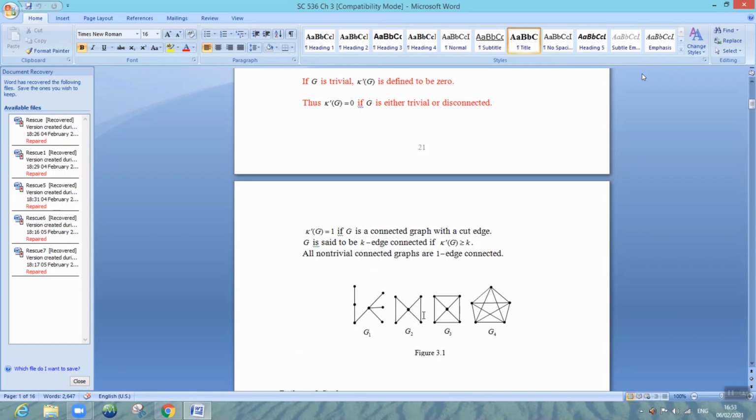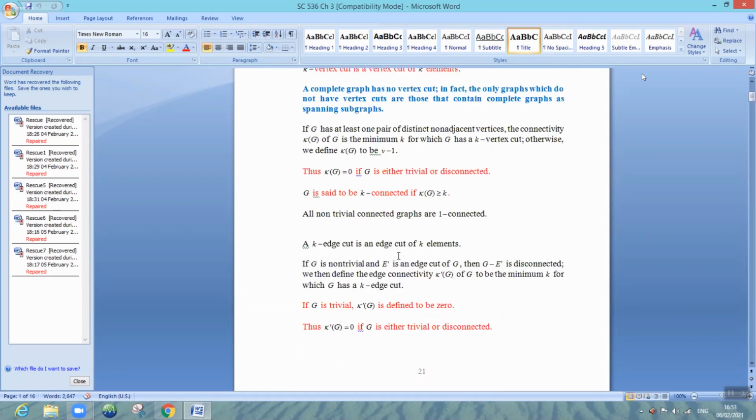If a graph has at least one pair of distinct non-adjacent vertices, the connectivity κ(G) of G is the minimum k for which G has a k vertex cut. Otherwise, we define κ(G) as v minus 1.